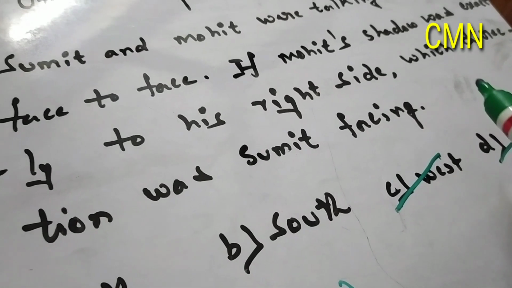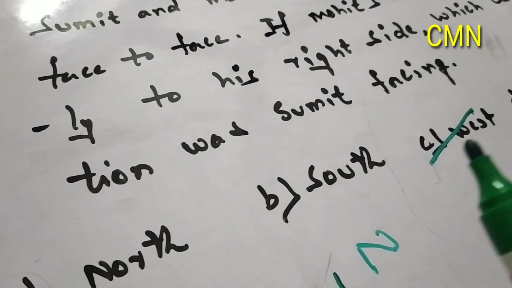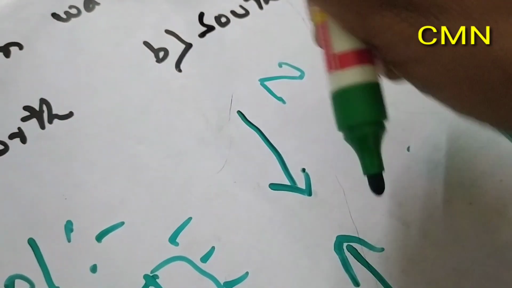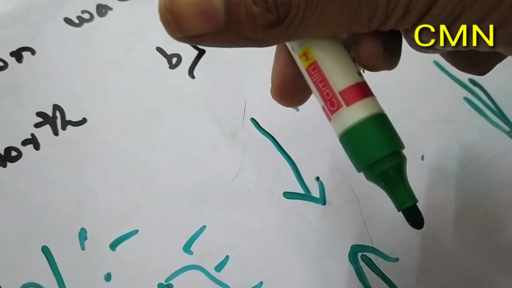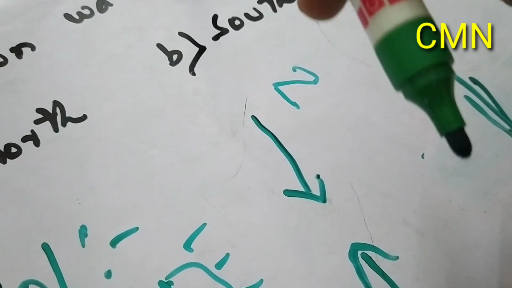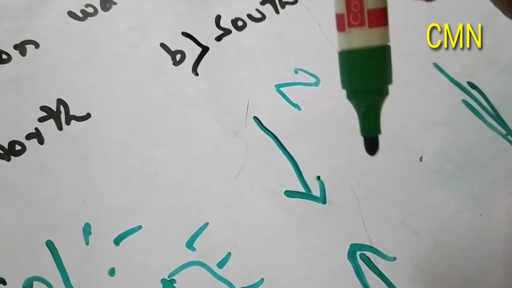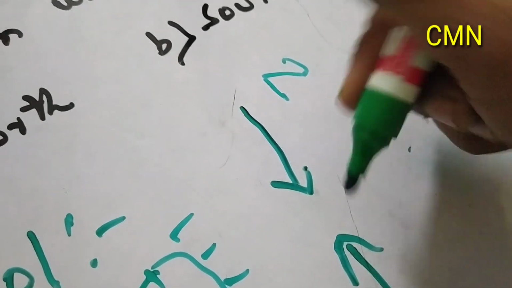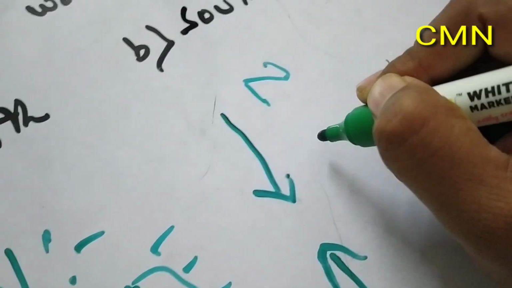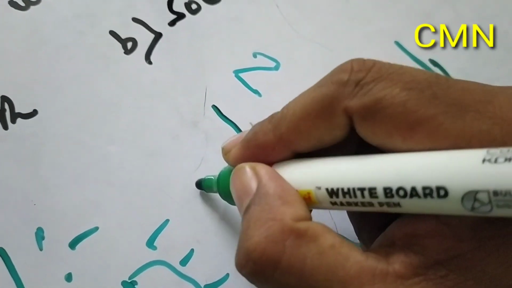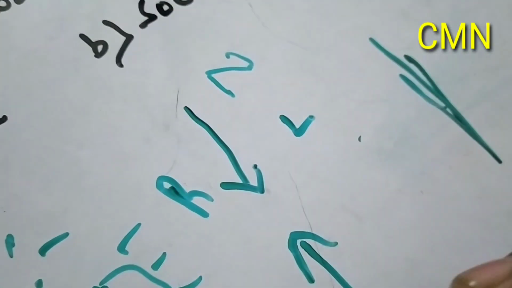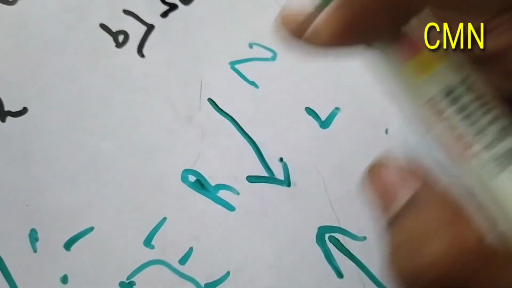If Mohit's shadow was exactly on his right side, suppose Mohit is facing the south direction. Then this is his left, this is his right.